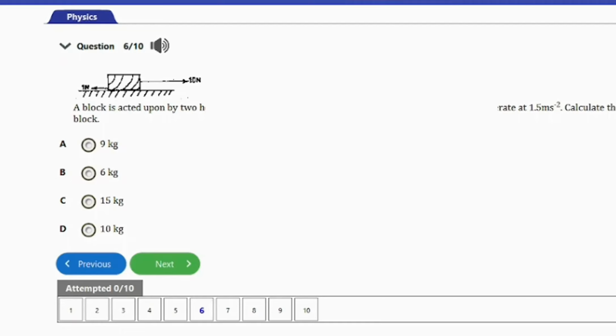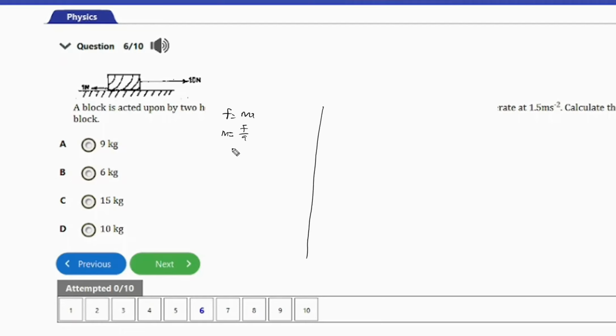So guys, for this question, we are going to have that force is equal to mass times acceleration, like we already know. So in order for us to calculate the mass of the block, we make the mass the subject of this equation, where mass becomes force over acceleration.